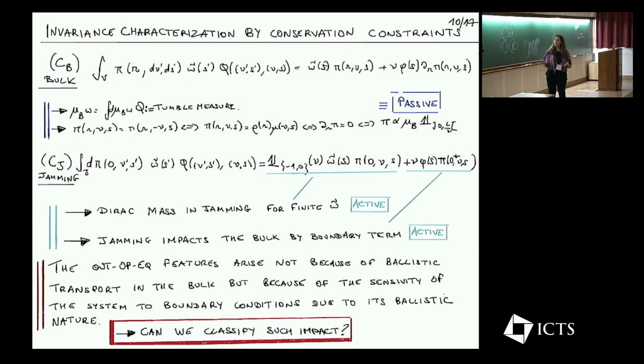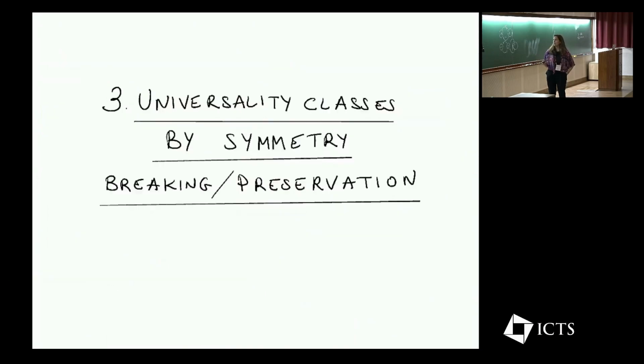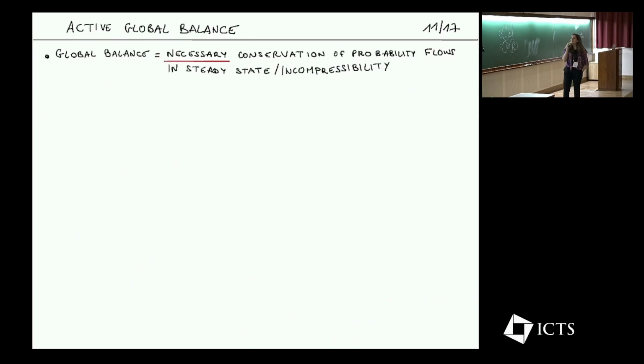And now the question is, can we classify such impact? And the answer is yes, and I need to answer in 2 minutes. And the idea here is, okay, let's try to find some kind of general relationship. And if you look at dynamical processes in equilibrium systems, you have either detailed balance or global balance. The point is that global balance is some kind of conservation of the probability flows.